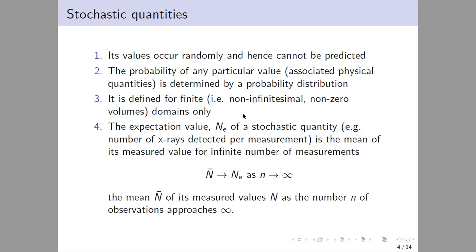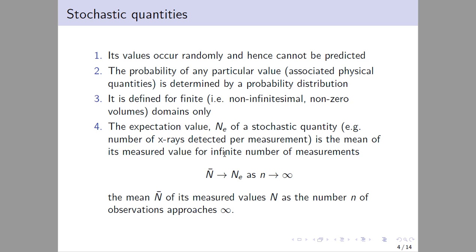N bar is the mean of its measured value for an infinite number of measurements. Like I said, we wait for 1 hour, nothing happens. We wait another 1 hour, 2 or 3 radiations come, and we wait for another 1 hour.